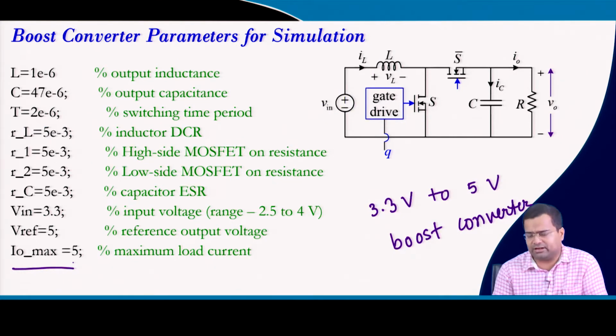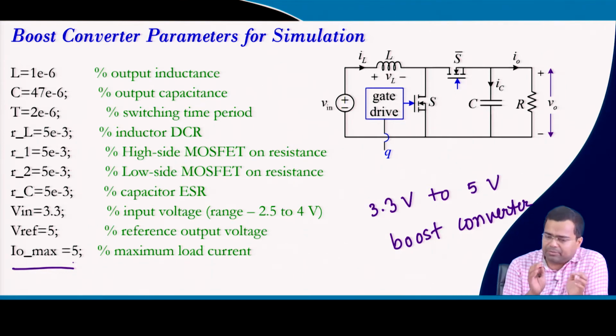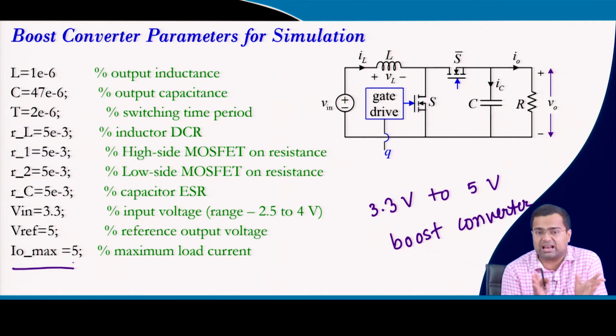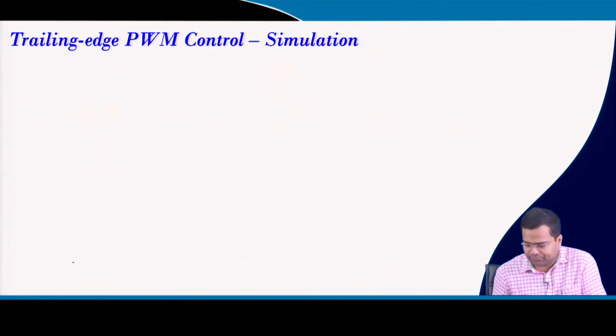In the boost converter we are talking about a synchronous boost, but you can also take a conventional boost, it does not matter. Why synchronous boost? Because we want to see the dynamics of the boost converter in continuous conduction mode, and the effect of the right half plane zero and so on. With this we will start our simulation.